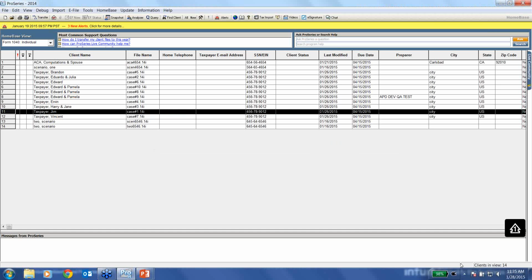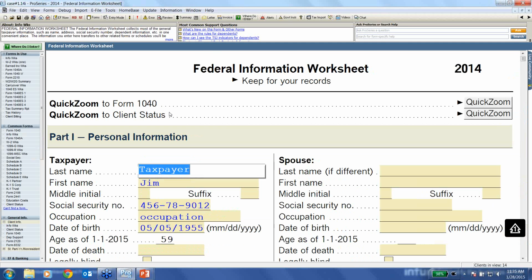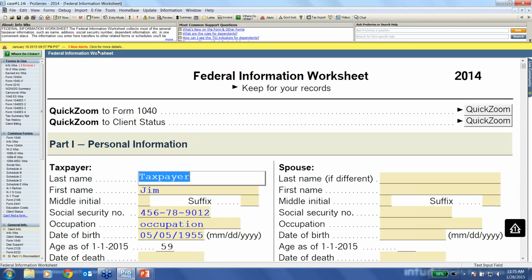Okay, now I'll go out to ProSeries where I have this client set up, and we'll pull up case number 1 here. I'm not going to point out any ACA detail here because obviously the gentleman in the case did not have any coverage. So we're going to go directly over to the penalty worksheet.